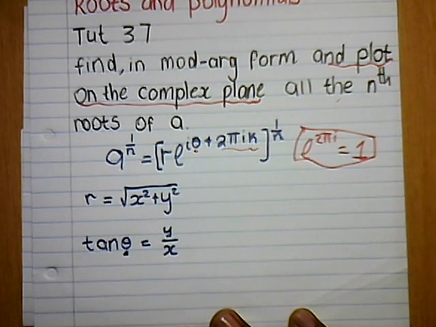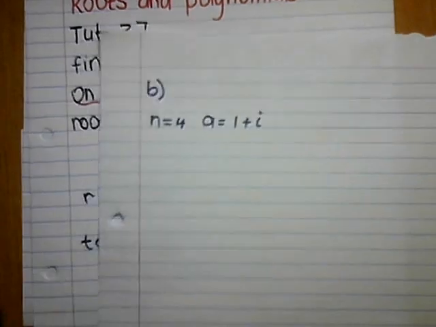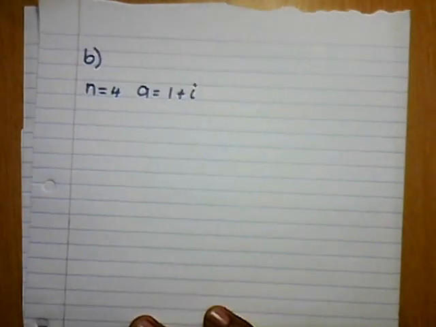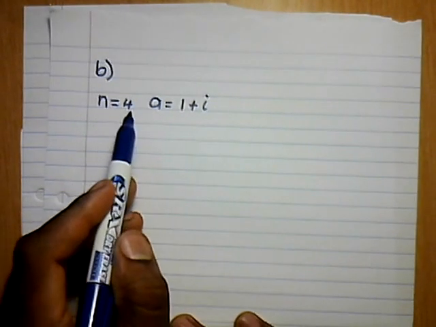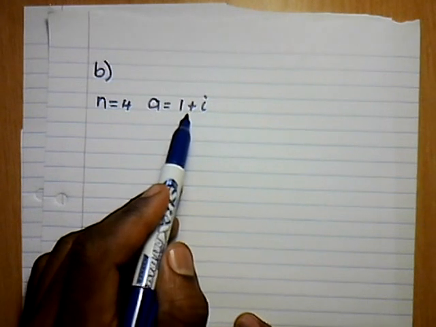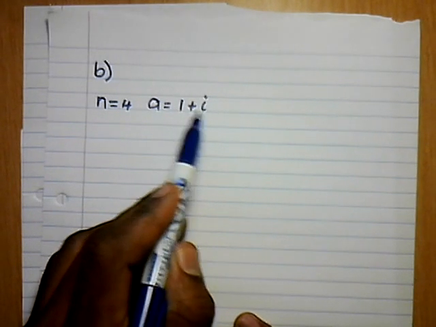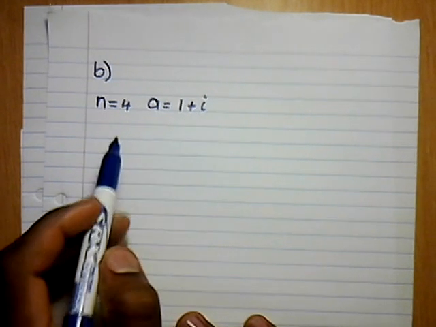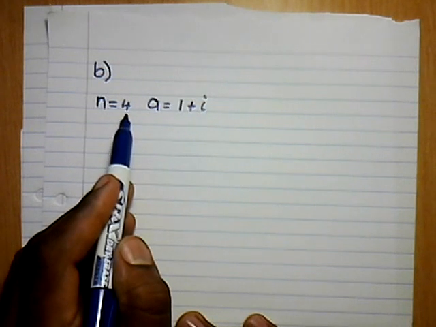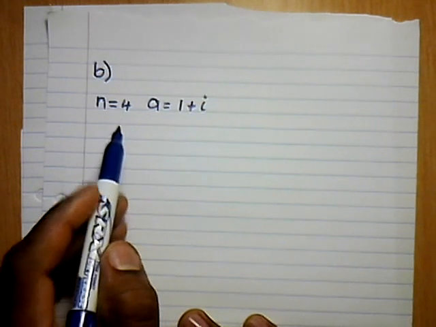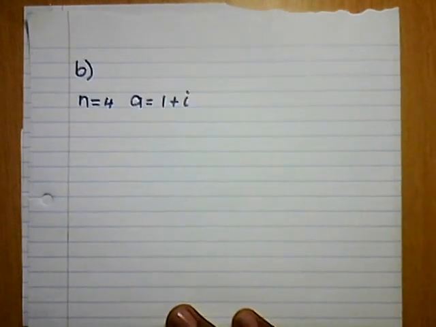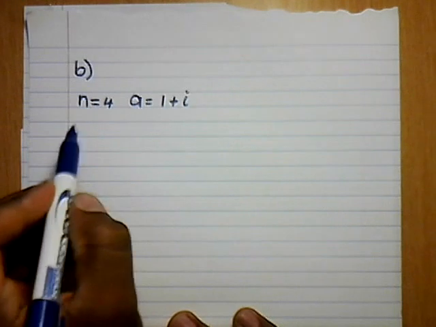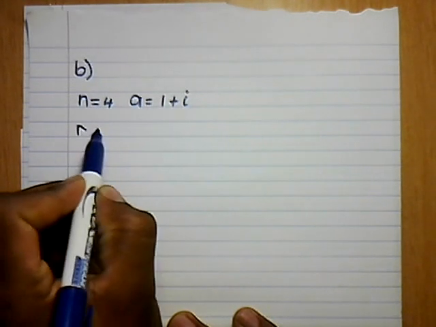Starting with the first problem, problem B of tutorial 37. Our nth root is 4, and our complex number is 1 plus I. Having n be 4 means we have 4 roots, so we have to determine the 4 roots of 1 plus I. First let's determine the modulus of a.